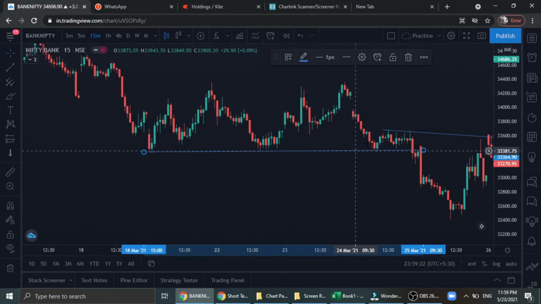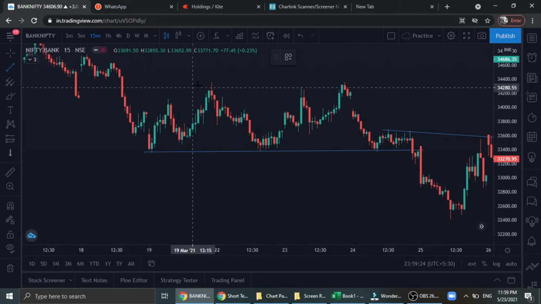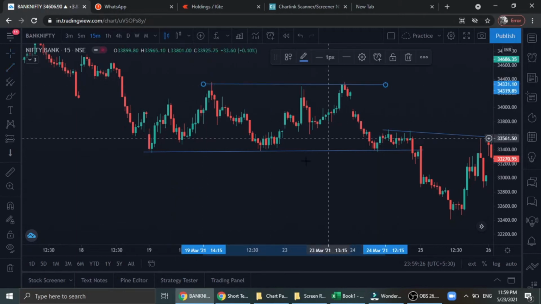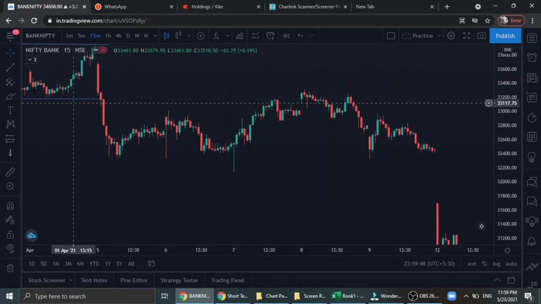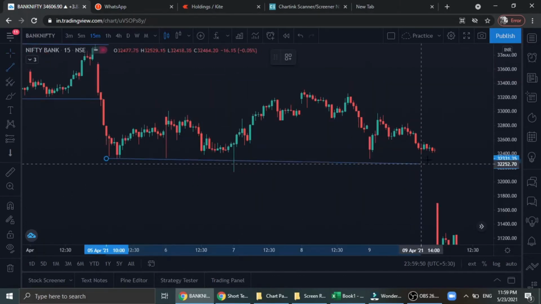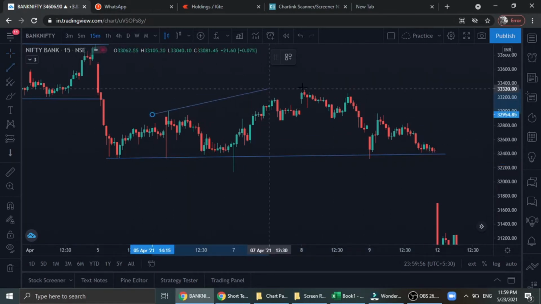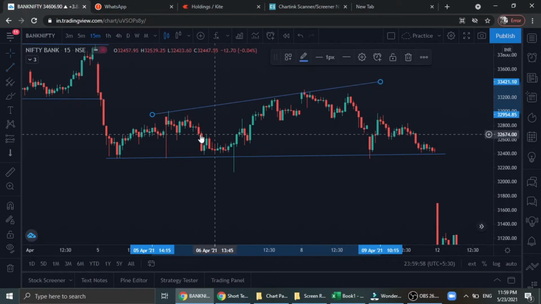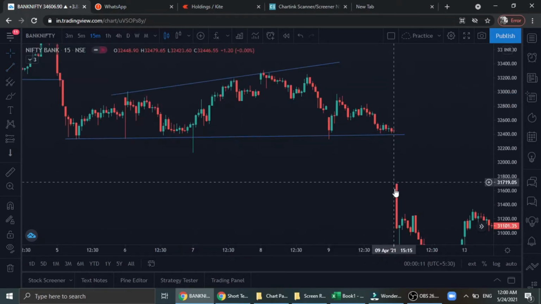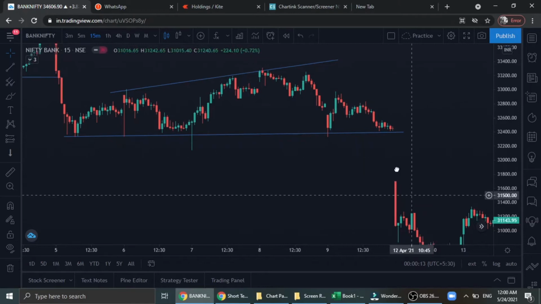I just connected all the supporting points and the resistance points. And there is one more pattern, and it took breakout and went down. Here there is one more pattern. I just connected all the supporting points. Breakout on the support levels and then went down.